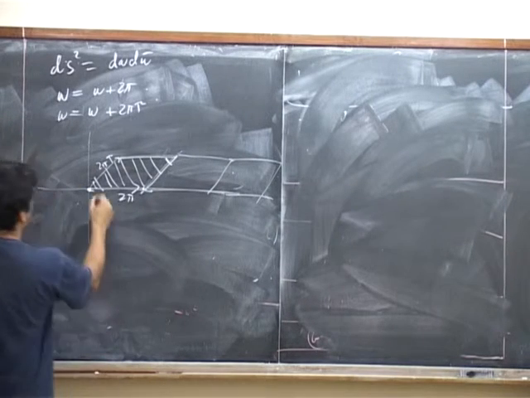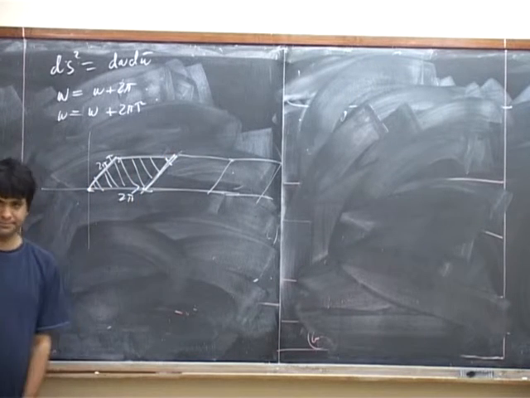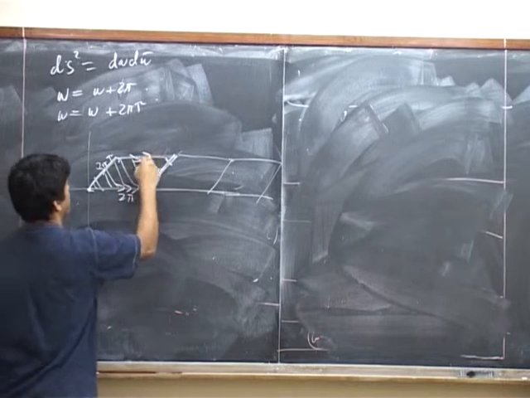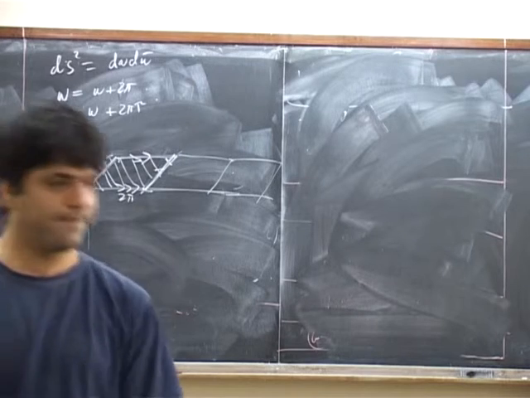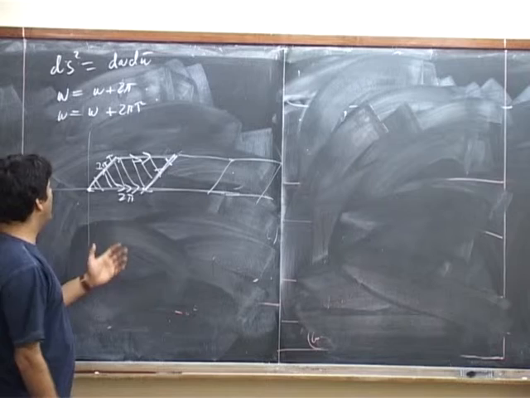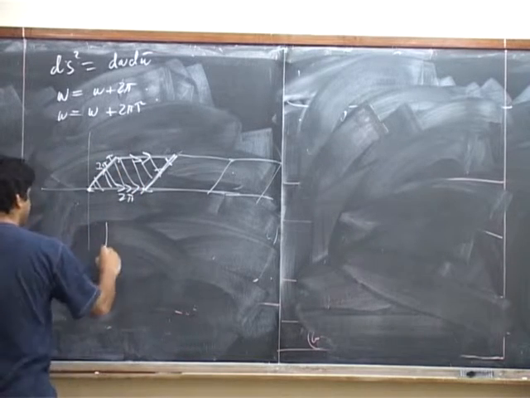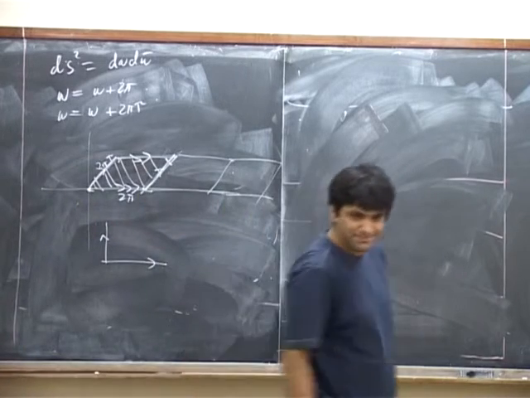But remember that according to the identifications, this side and this side are identified, and this side and this side are identified. Okay? So if you want to think of it pictorially, while tau is in general an arbitrary complex number, let's think first of a rectangular torus.